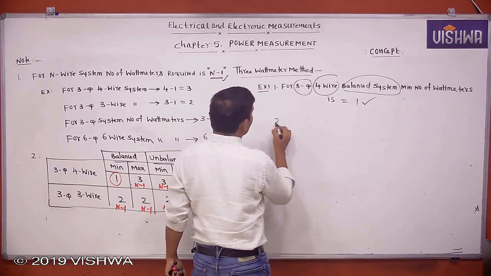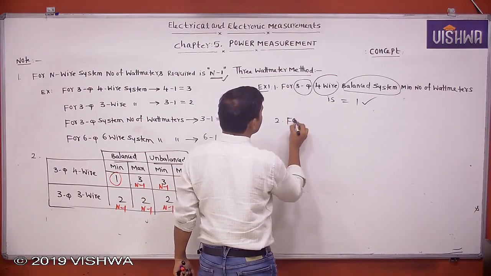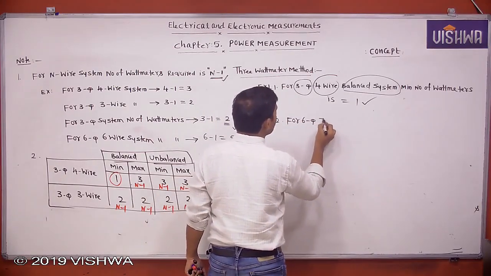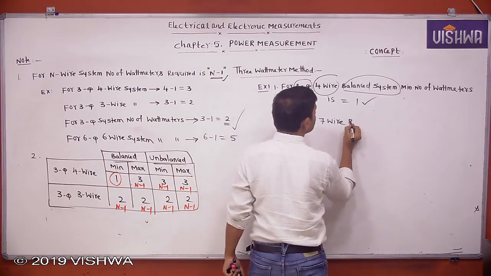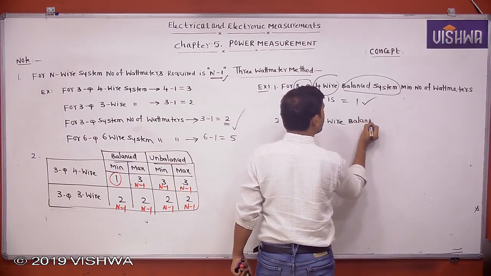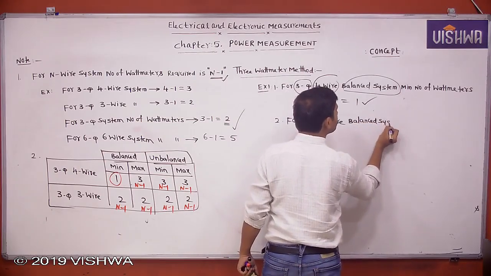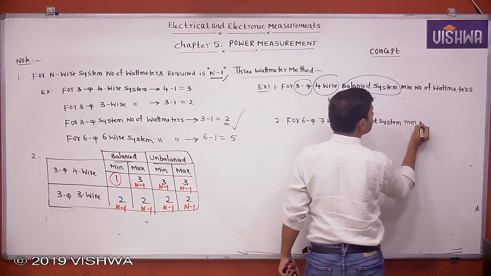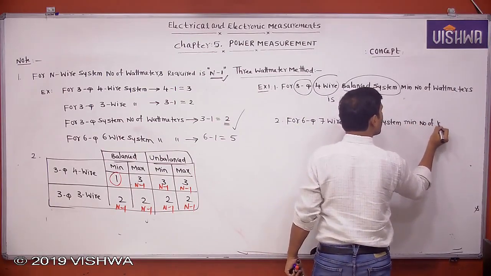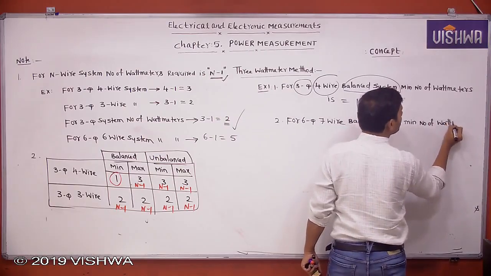If the question asks like this, for 6 phase, 7 wire, balanced system, minimum number of wattmeters is dash.